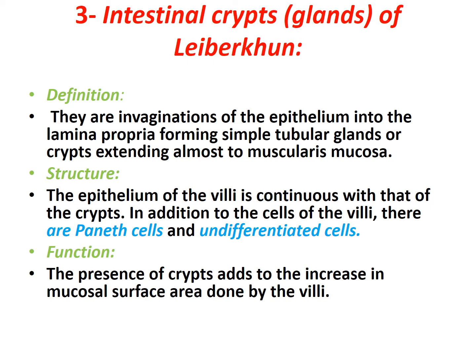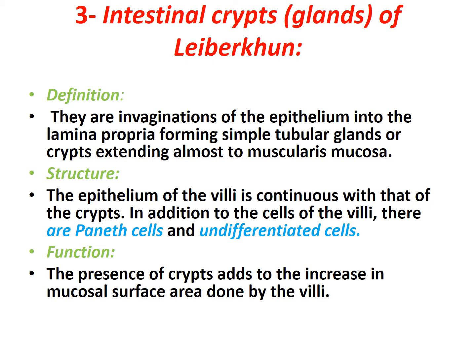Now in the crypt there are the three cells plus Paneth's cell and undifferentiated stem cell. Now what is the function of the crypt? The presence of crypts adds to the increase in the mucosal surface area done by the villi.